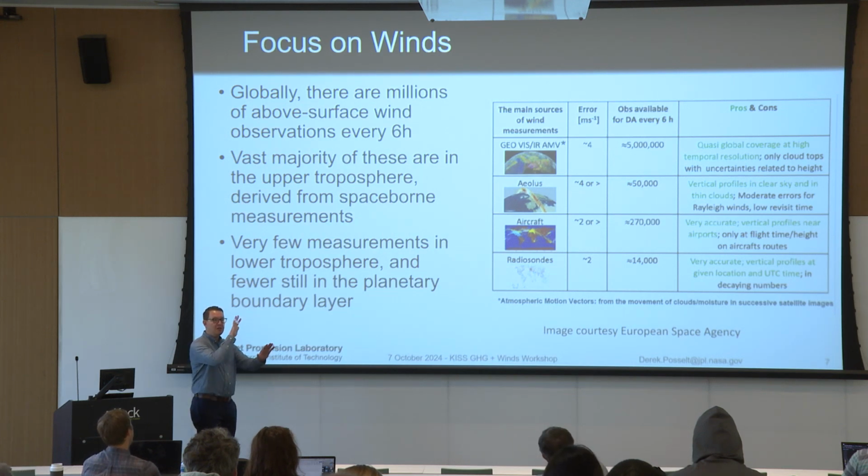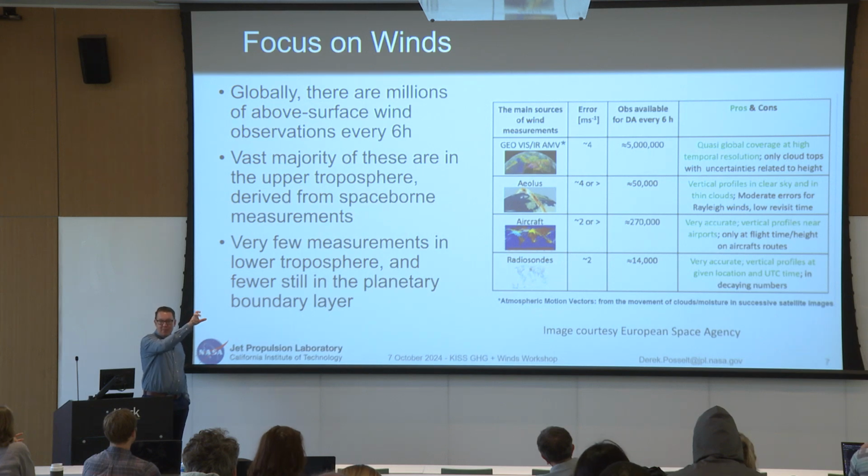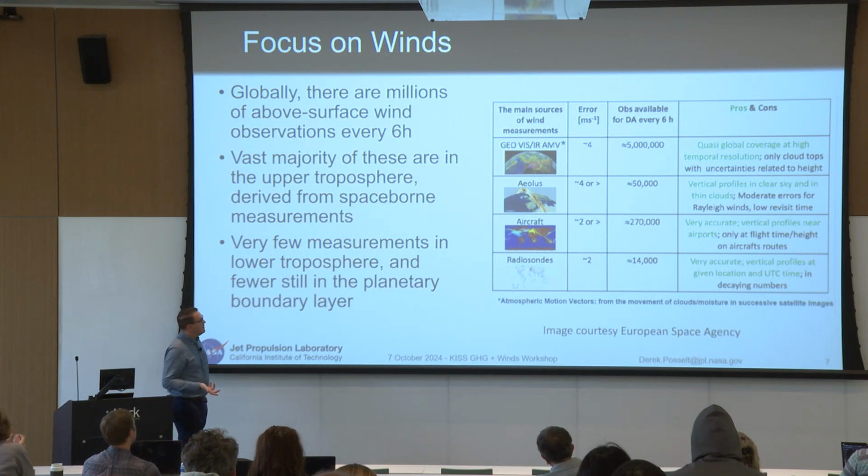So if you see an image, another image, another image of the same place, and there are detectable features among those images, and you can track the distance between one feature in one image and that same feature in the next image, then you can use a whole set of different inverse problem techniques to back out what the vector would have had to be that would map that displacement, and then you have a horizontal wind in the atmosphere. So that's where the majority of our wind observations come from.